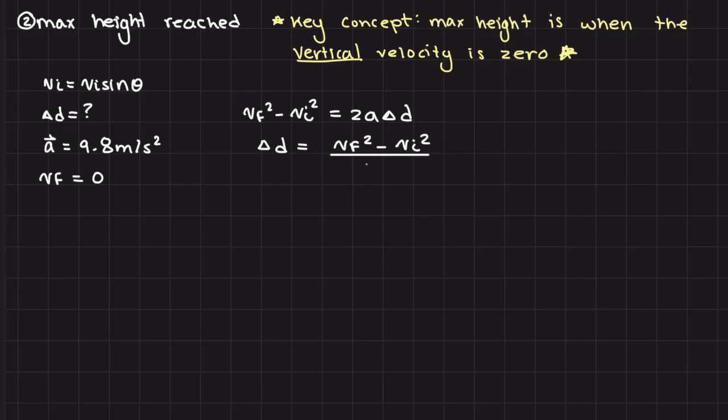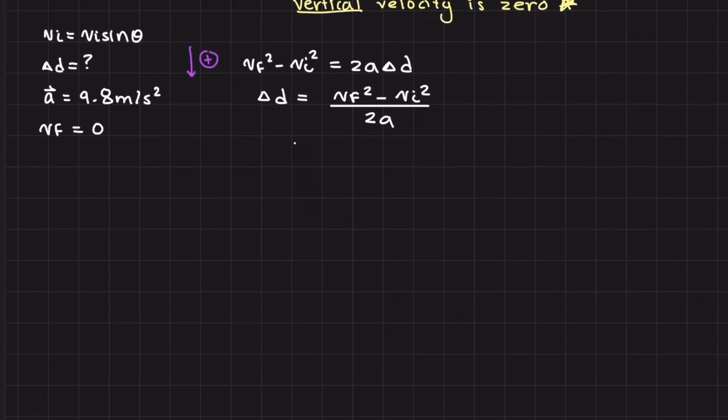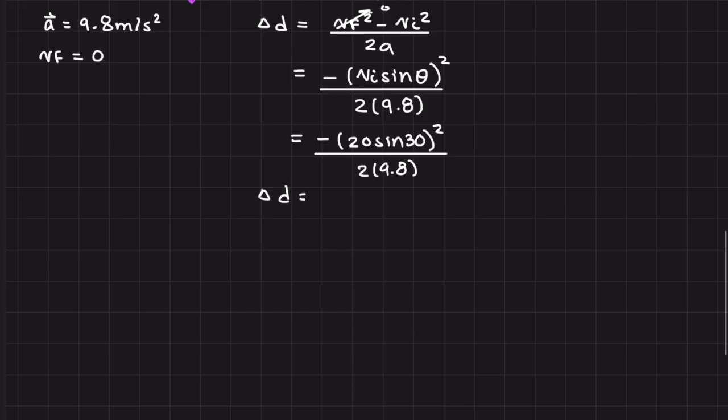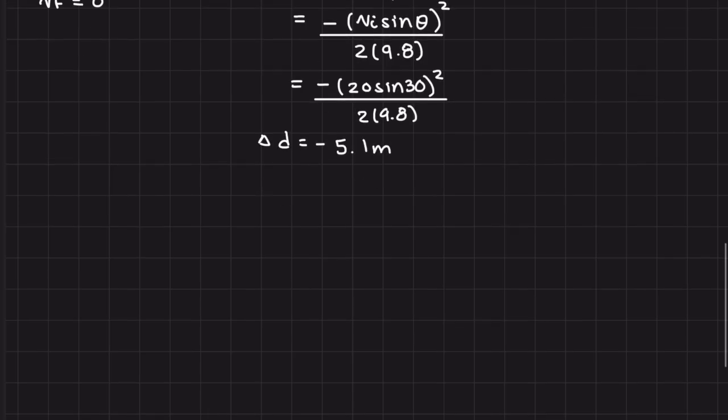I like to work with variables originally, but you can just sub numbers in if you would like. Keep in mind that downward is positive. This negative outside of the square is also important. That negative applies to the whole bracket, and just because you square it does not get rid of the negative. Then we sub in what we already know, and we calculate our displacement, which we get is negative 5.1 meters.